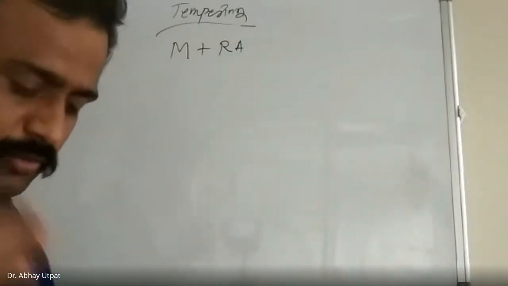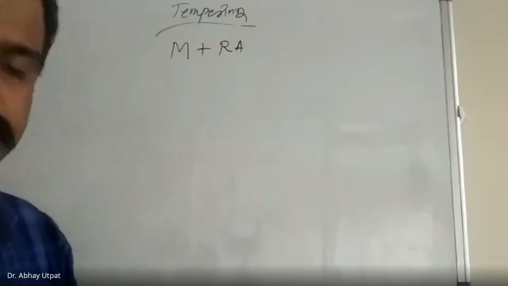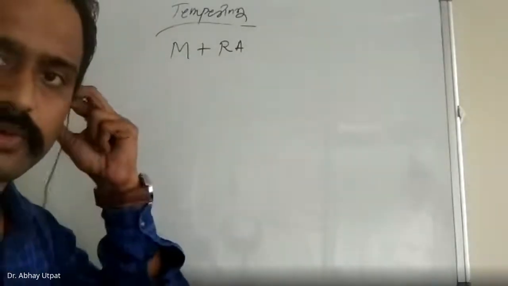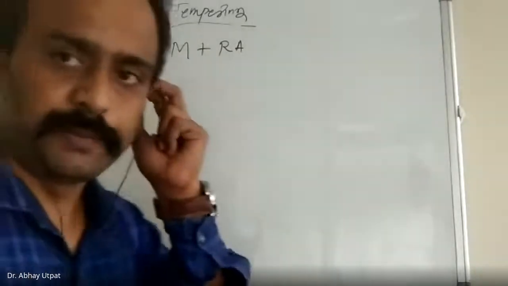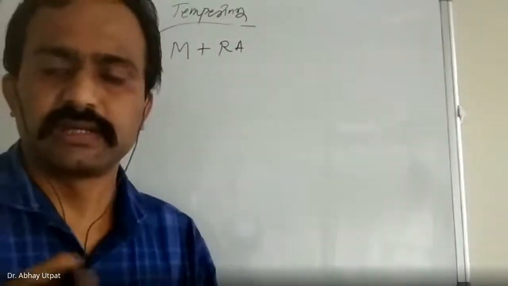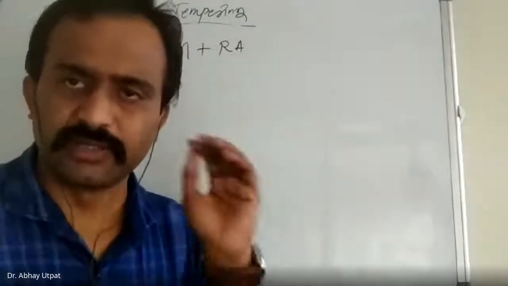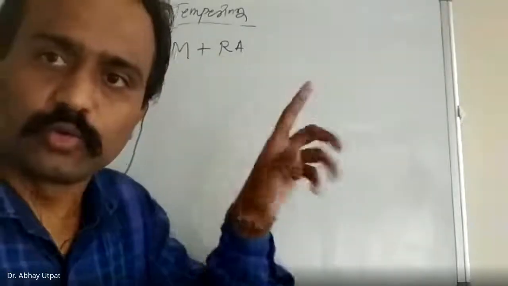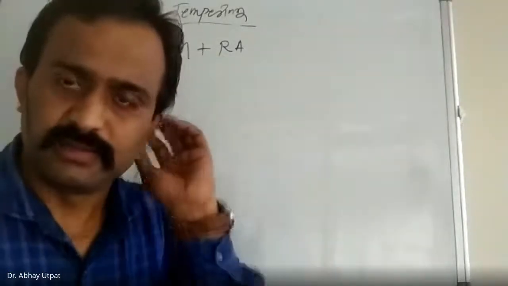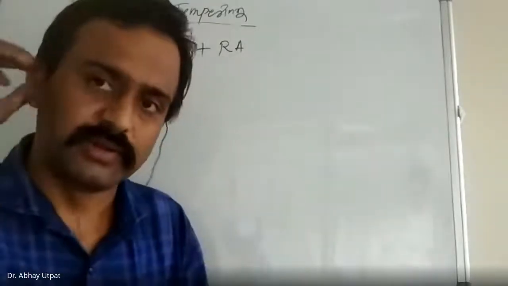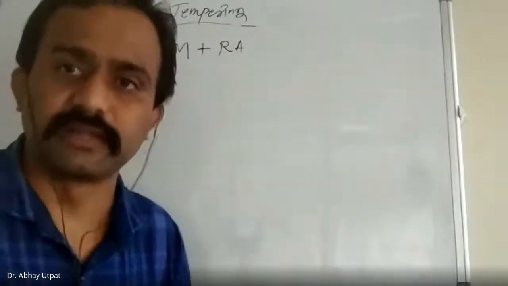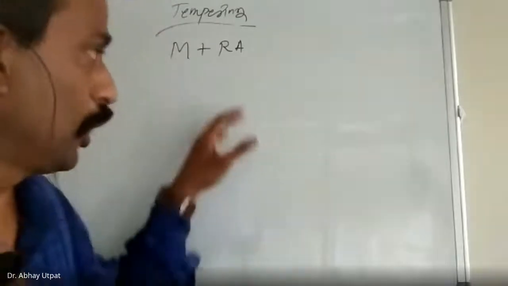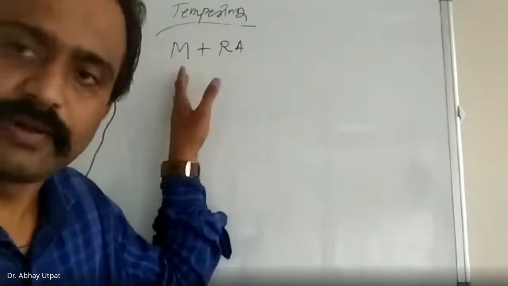Now, when you heat this sample once again, what will happen? At 150 to 250 degrees Celsius, that is the range of martensite only. So your retained austenite is converted into low carbon martensite because of this reheating, and there is a little loss of hardness of the earlier martensite.